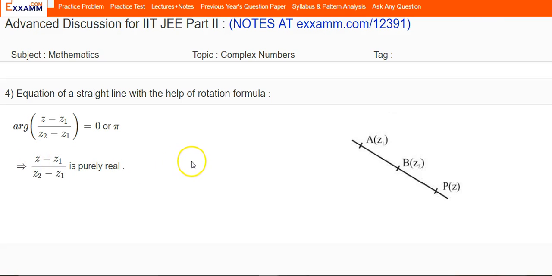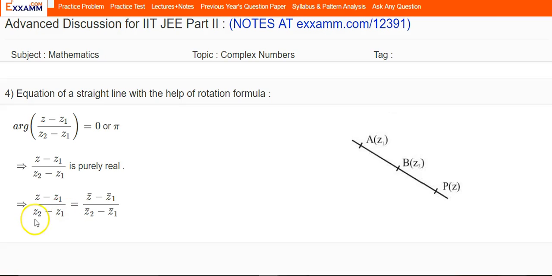Since it is purely real, its conjugate is alpha minus i beta, and if it is equal to its conjugate, what would it mean? Beta is equal to 0, that is, this complex number is purely real. Just recalling the fact we have already told, that whenever a complex number is purely real, it is equal to its conjugate.